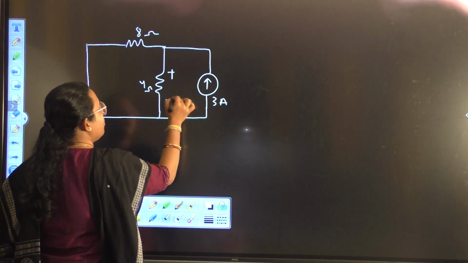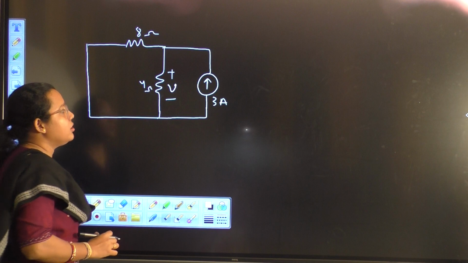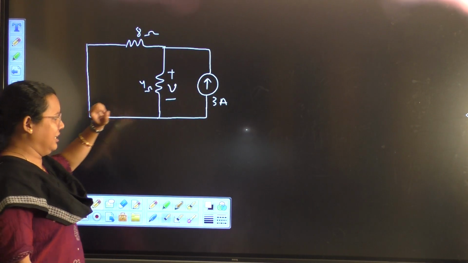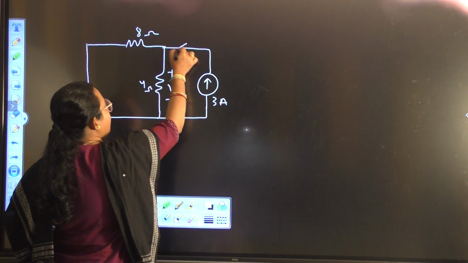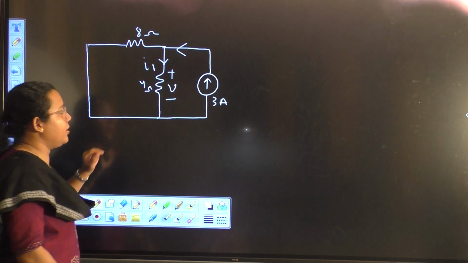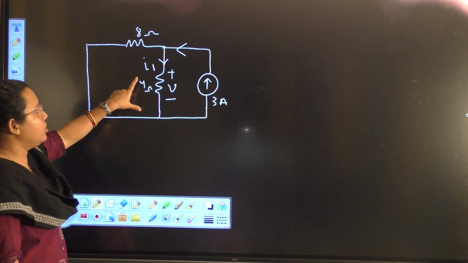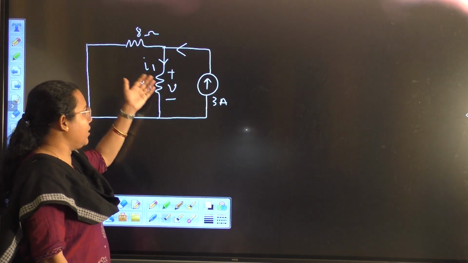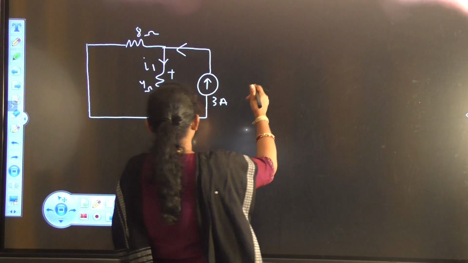Now I have to find out the voltage across this 4 ohm only because of this 3 ampere source. So now, let this current be I1. I can apply the current division rule to find the current through this 4 ohm. After getting my current value, I can find the voltage across 4 ohm.